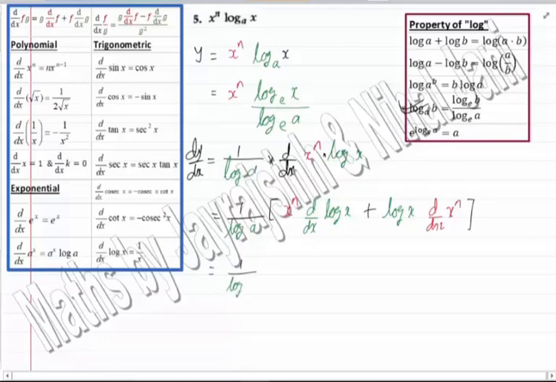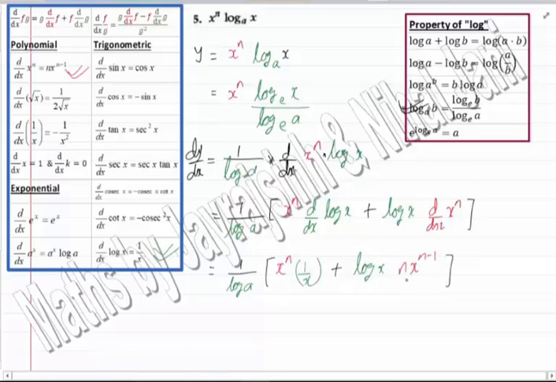Let's simplify. 1 upon log a still remains as it is. x raised to n as it is. Differentiation of log x, we know, is 1 by x, plus log x as it is. Differentiation of x raised to n is n x raised to n minus 1, right?